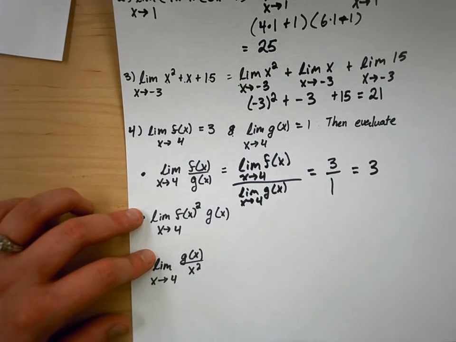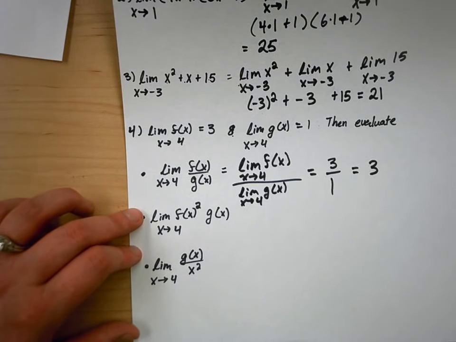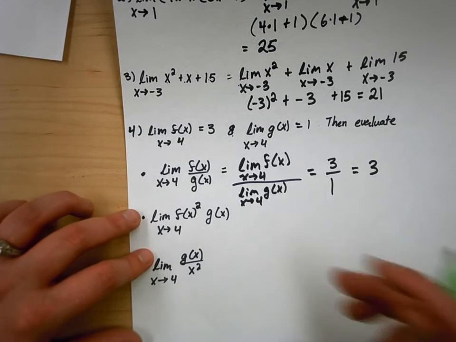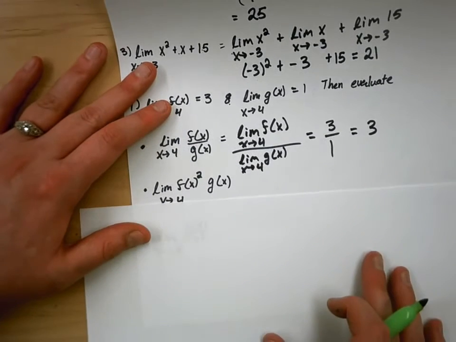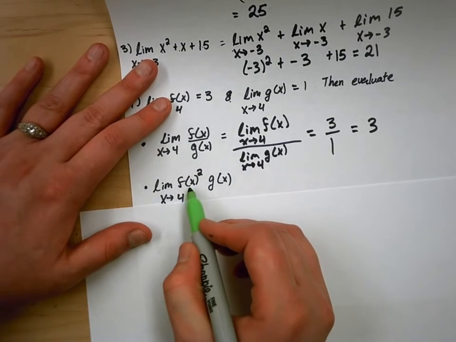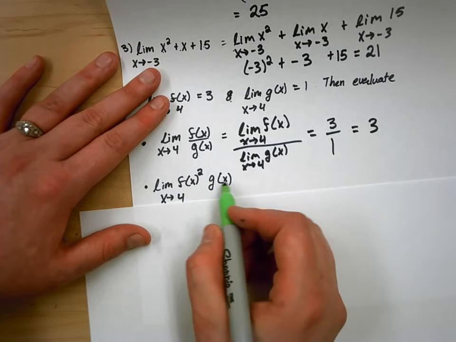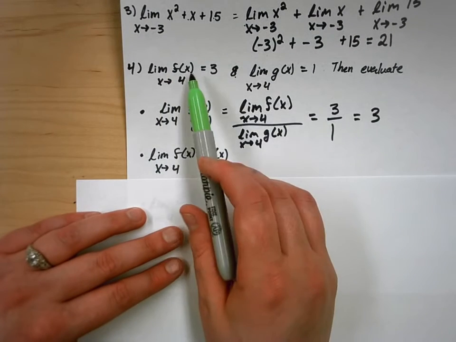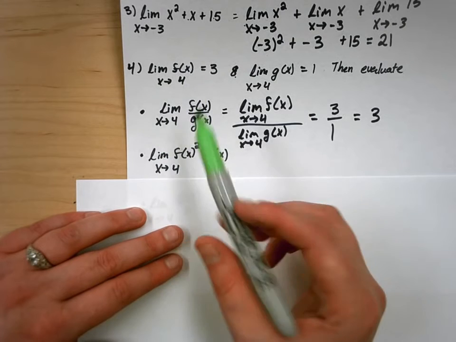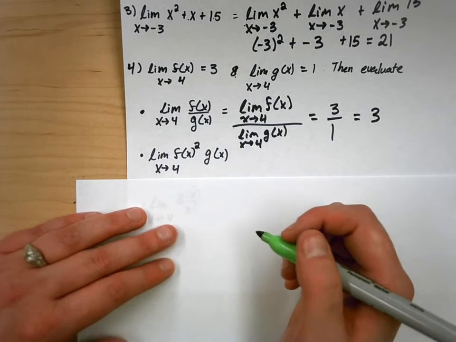Okay, I'm going to write this one in a different color. It's getting a little crowded up here. All right, so for this next one, we have the limit of f of x squared times g of x. Now, I can square this by the power rule.